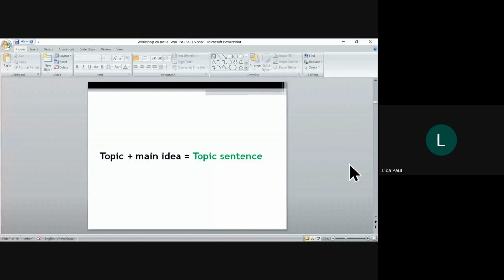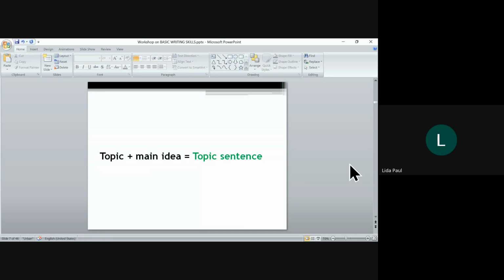Main idea is the part of the topic sentence which tells you about the attitude or the opinion or the general theme of that paragraph. Topic and theme are two different things, right? Topic is anything, but what people think or feel or what their attitude towards it is forms the theme of the paragraph.